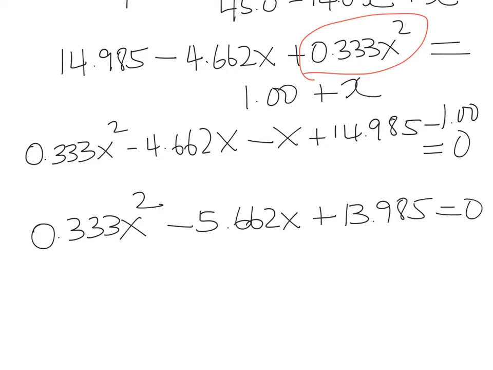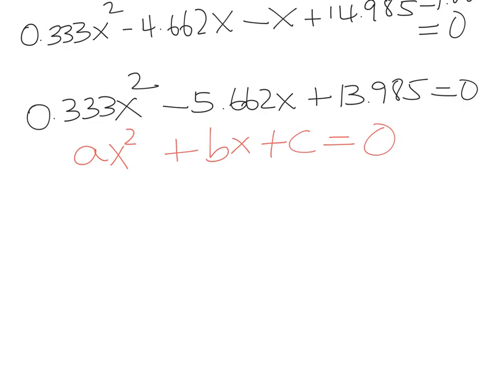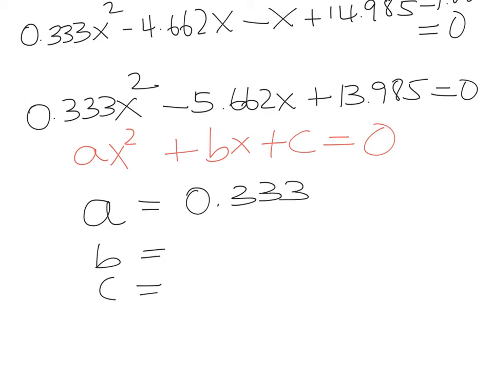And as you can see, this equation is written in the form ax squared plus bx plus c is equal to 0. Now, if you're using the calculator function, the calculator is going to ask you for an a value, a b value, and a c value. The a value is 0.333. So you are going to enter 0.333 into your calculator.